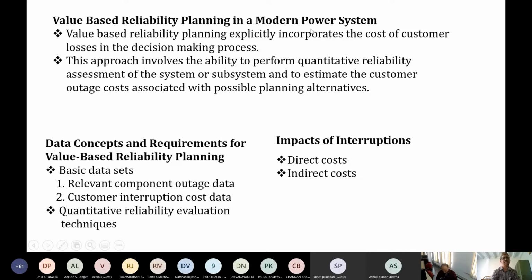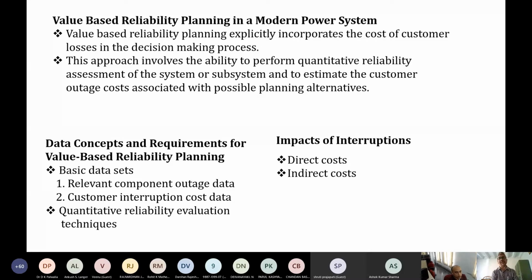The customer cost is nothing but the customer interruption cost, because the utility has control over the utility cost, but the utility does not have control over the customer cost.